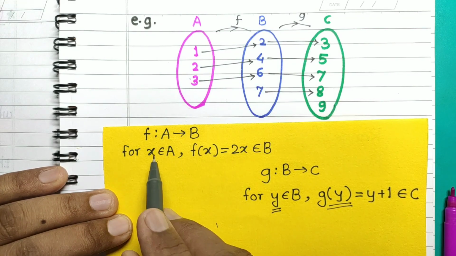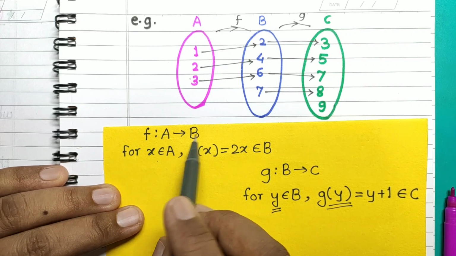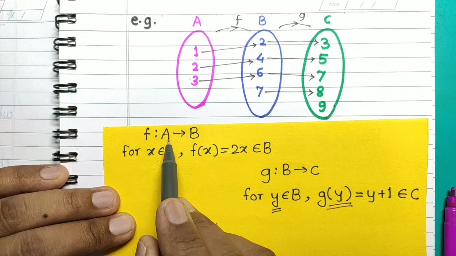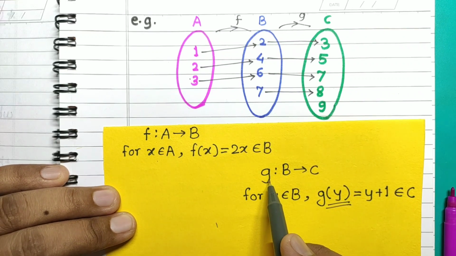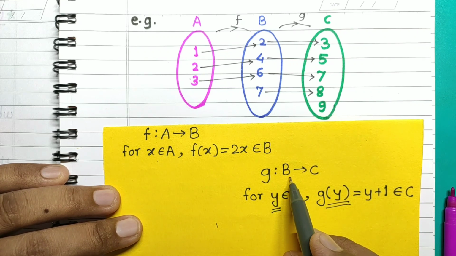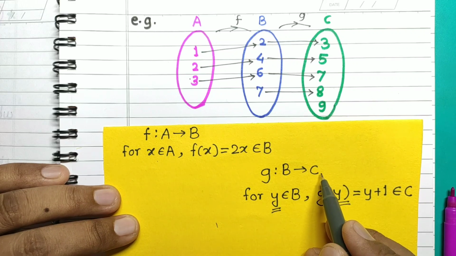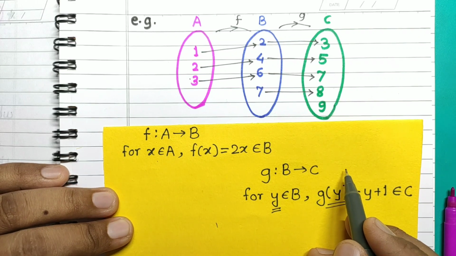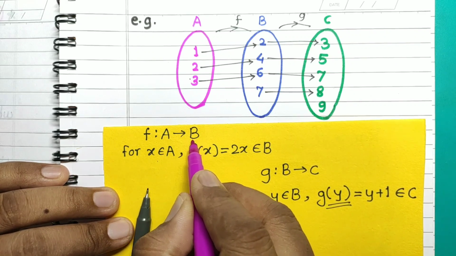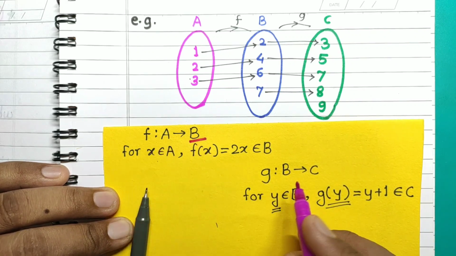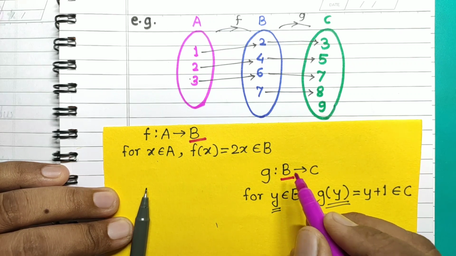So here we have two functions. First, function f from set A to B, for which A is the domain set and B is the codomain set, and the other function is g from B to C, for which B is the domain set and C is the codomain set. You can easily observe that the codomain set of function f is the same as the domain set of function g.